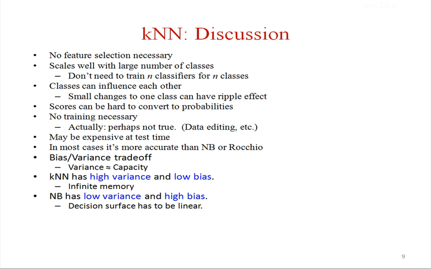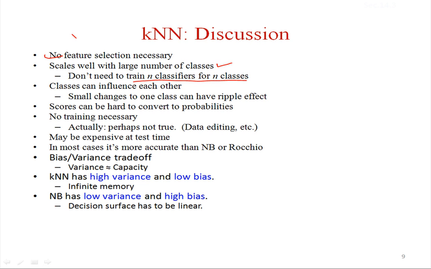Now some important discussion. No feature selection is necessary with the K nearest neighbor classifier. It scales well with a large number of classes, meaning it doesn't require training n classifiers for n classes. The classes can influence each other.